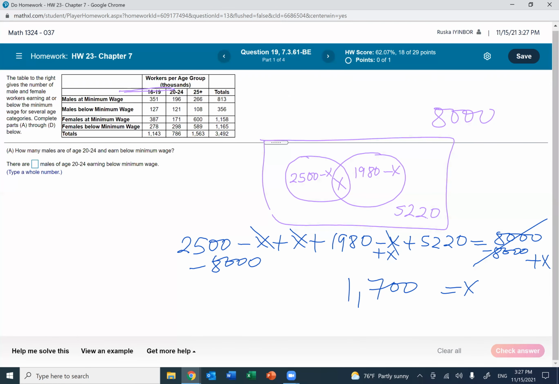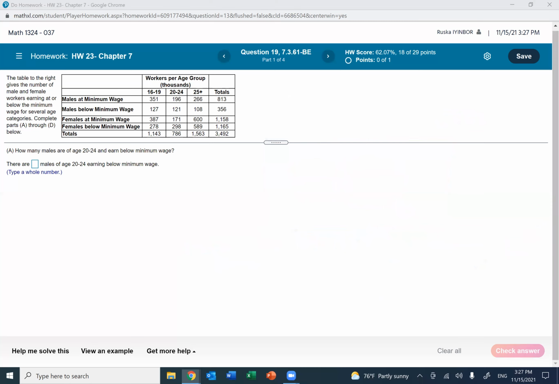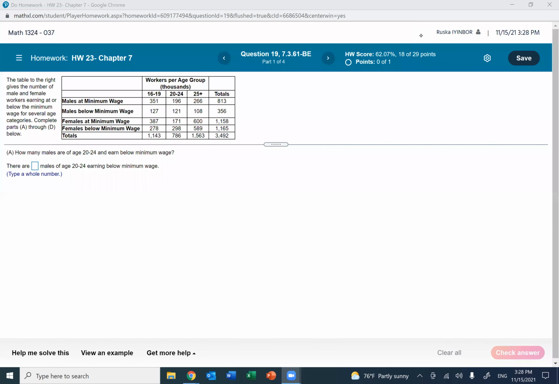Okay, so here we have this one. Let's see, we have the table at the right, giving the number of male and female workers earning at or below the minimum wage for several age categories. So we have to complete A to D. So first one, they're asking how many males of age 20 to 24 are below the minimum wage.